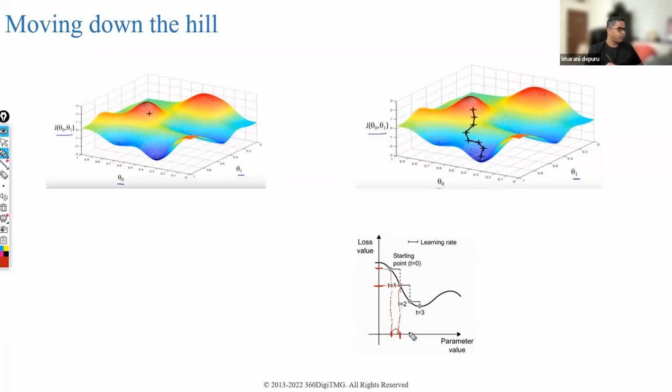Then again, if you update your weights, the loss will further get reduced. If you again update the weights, the loss will further get reduced and it will reach your minimum. After that, if you update the weights, your loss value will increase. The moment your loss value increases, you stop. You have to stop and say that, yep, I've reached the minima, so I'm going to stop the algorithm.